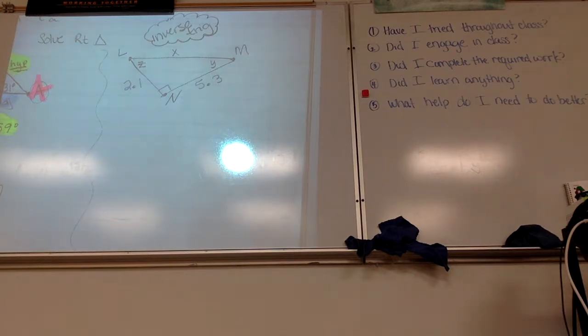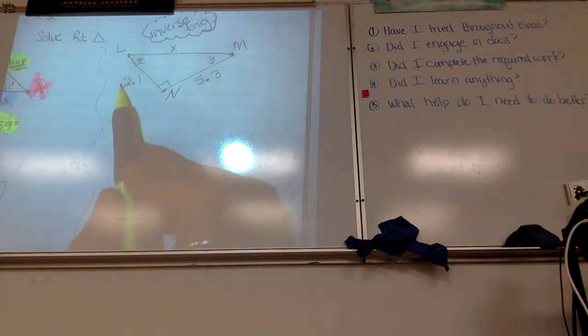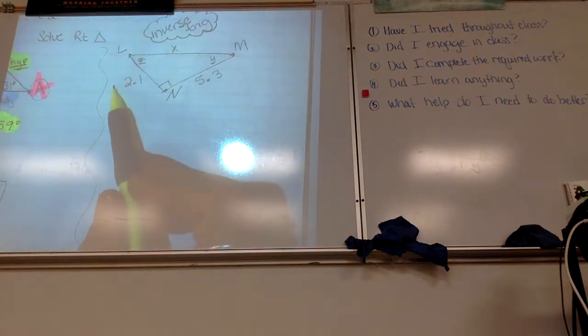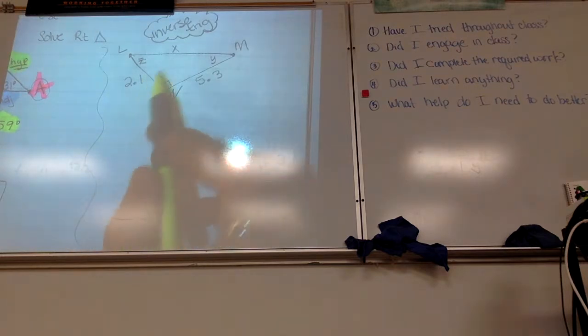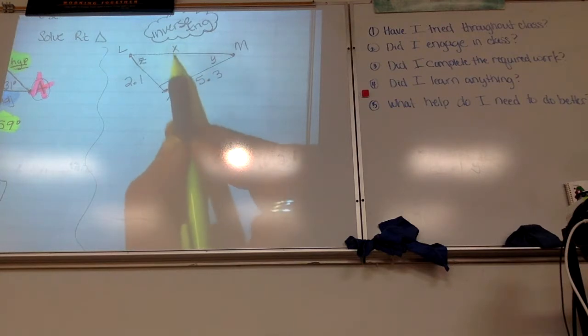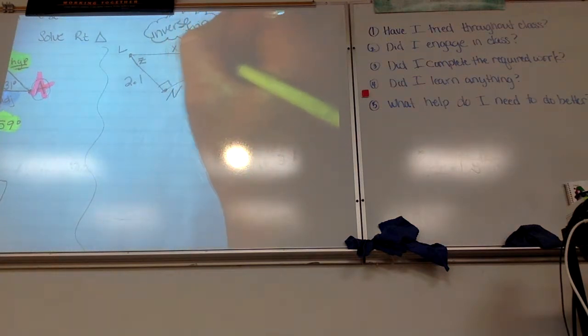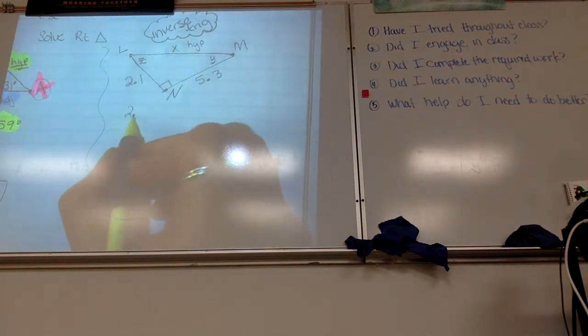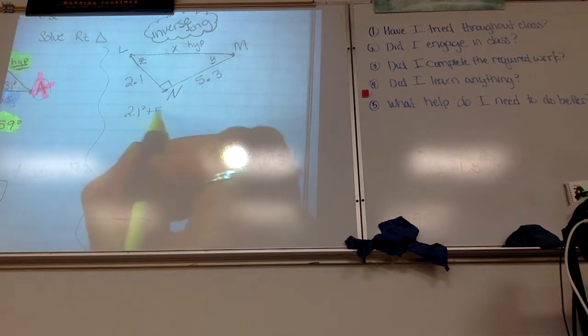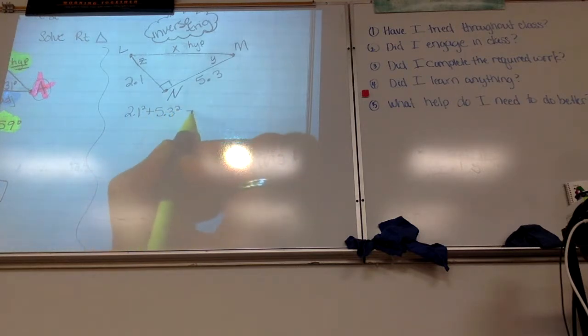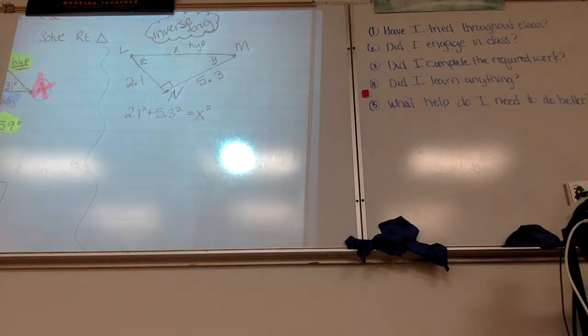We could do Pythagorean's theorem to find x. I had a lot of people on your quiz misplace the c value. I think you were just going too quickly. Where does the c value have to be? Is it the hypotenuse or the leg? Hypotenuse, yeah. So make sure when you do Pythagorean's theorem that you're careful about that, please. So 2.1 squared plus 5.3 squared equals our x squared, or c squared side.